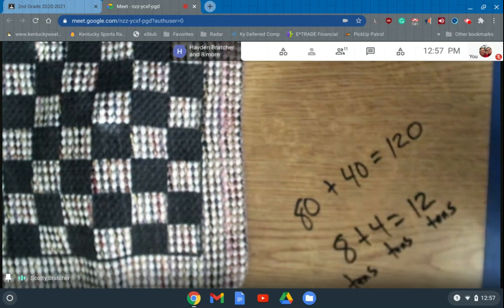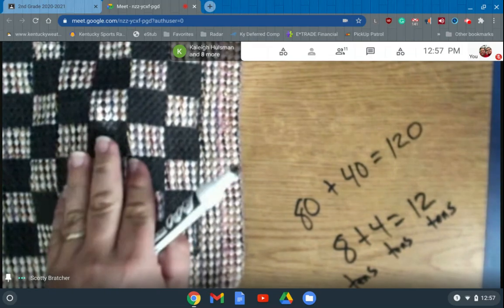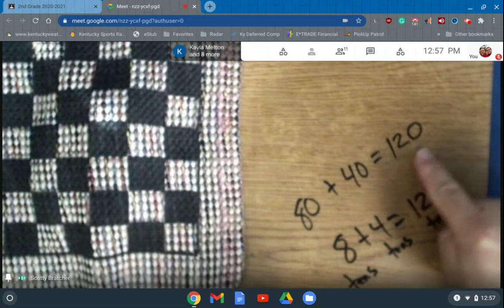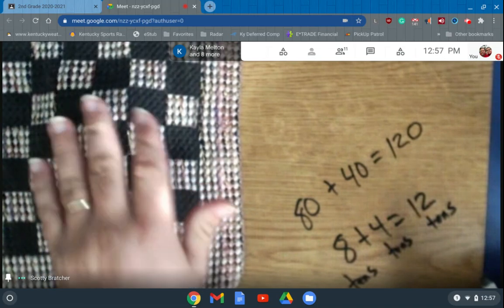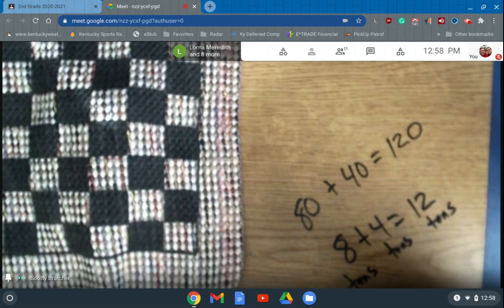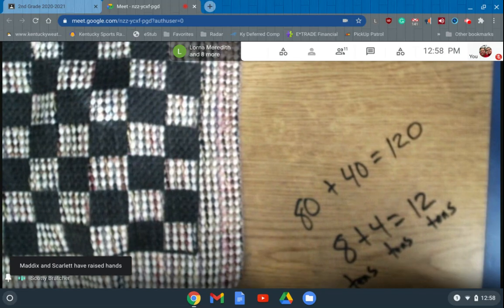So I'm going to stop here for a second. I want you all to think about 120. What should it look like under here? What should this number right here look like under here? Think about it. Think about everything we've talked about the last 3 or 4 days. All right, I got some hands up.